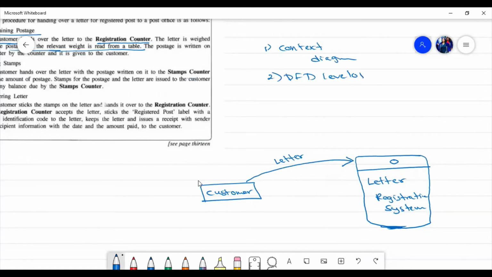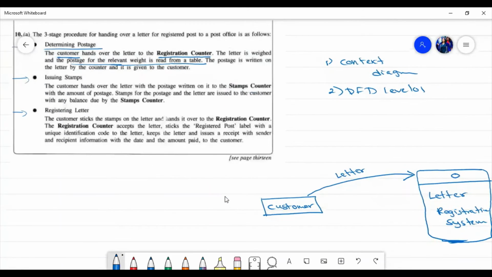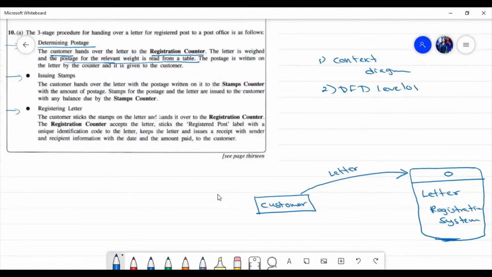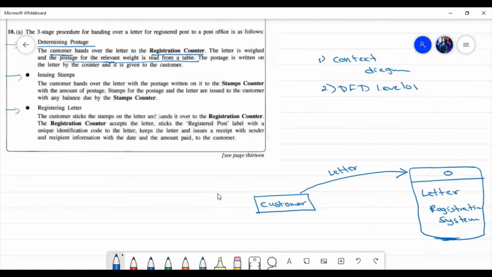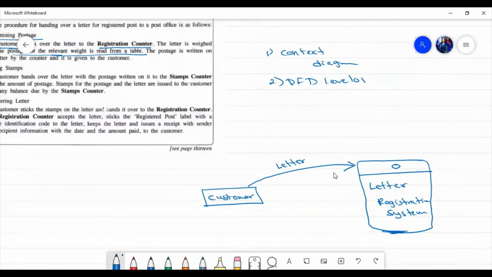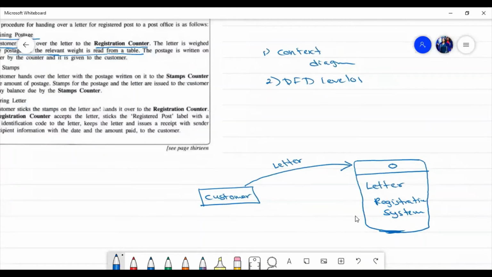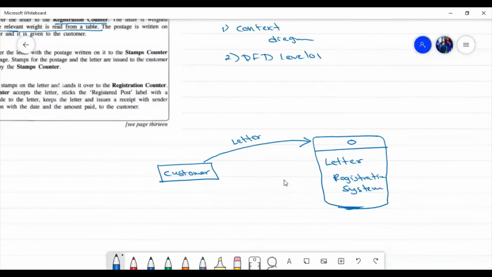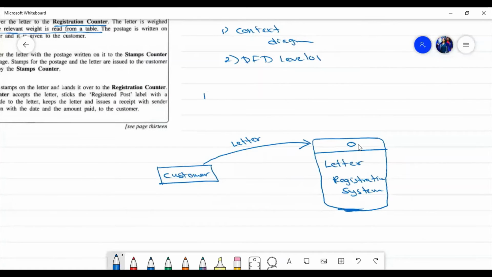It's not wrong. And then the letter is weighed and the postage for the relevant weight is read from the table. Within the system, the letter is going to be weighed and the relevant postage fee is read from a table. Now, this is the context diagram.